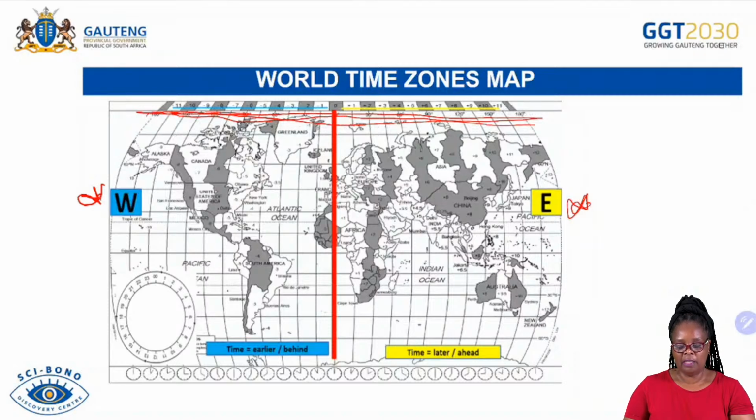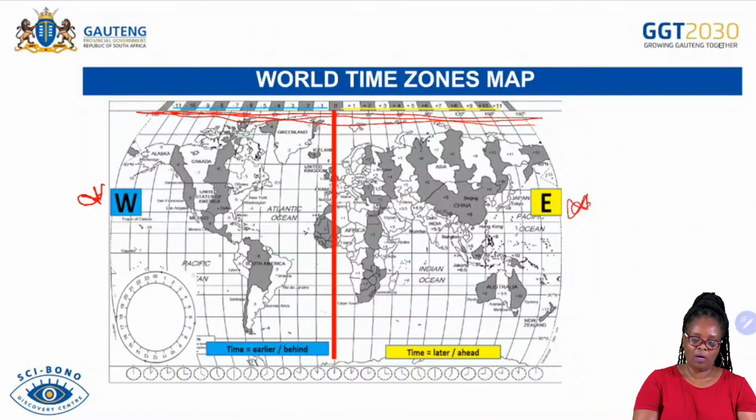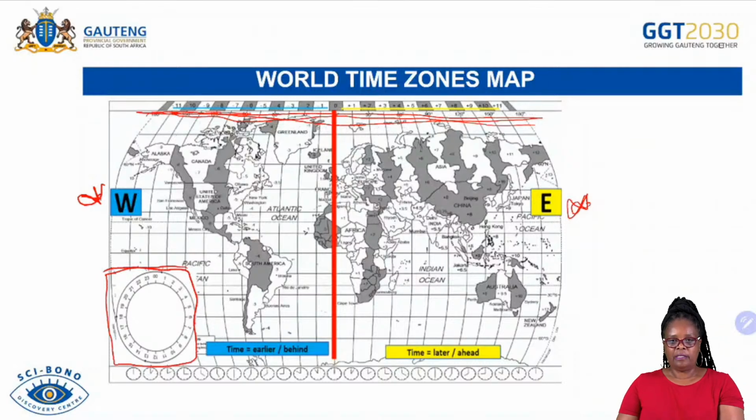We don't use a calculator. Also, you need to use our 24-hour clock. This is our 24-hour clock. Always, it will be embedded in your map. You'll find it here. Please know how to use this. It will assist you a lot.